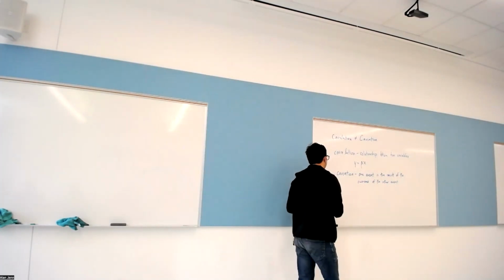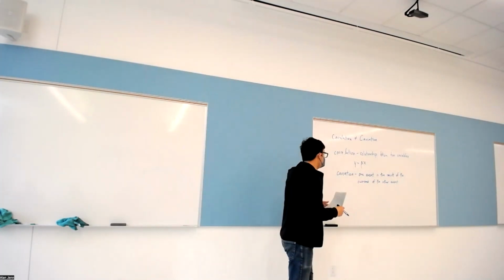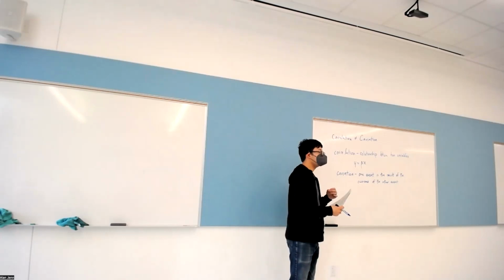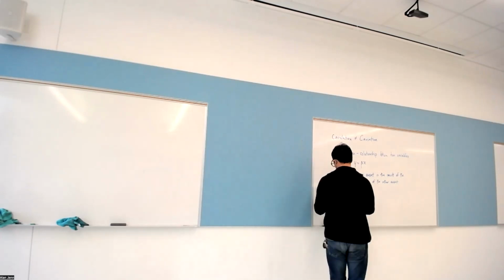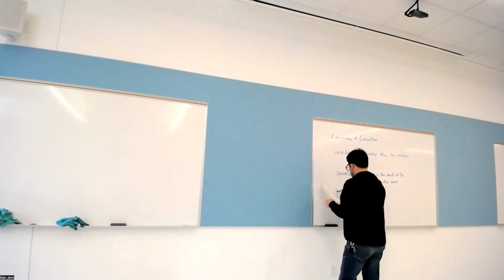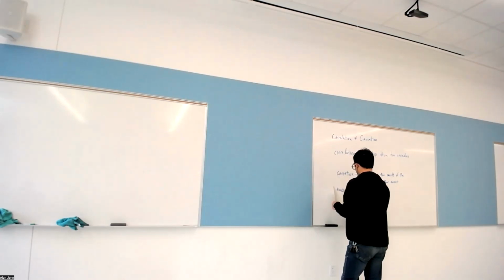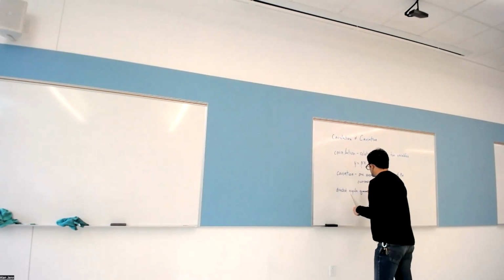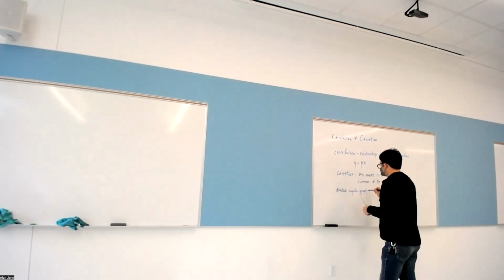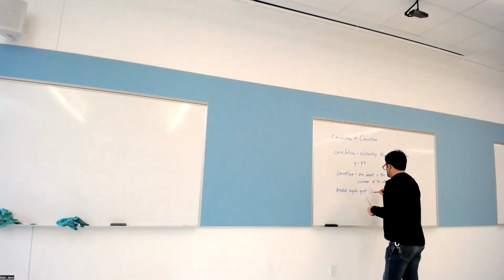Okay. So one of the things that we're going to use to help visualize this concept is known as a directed acyclic graph. This is also known as a DAG.